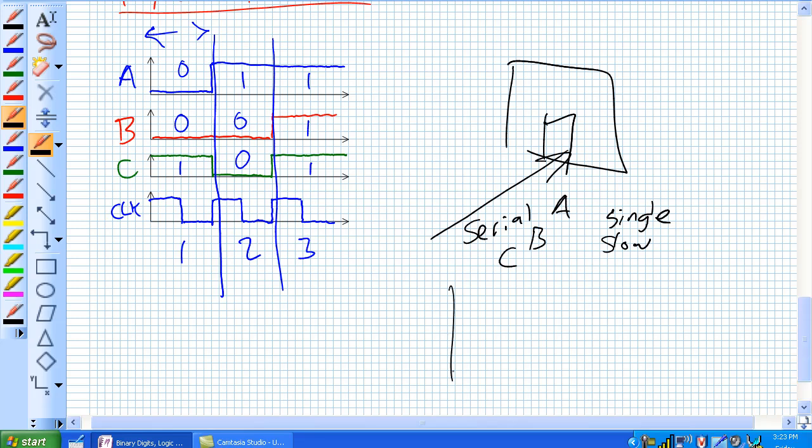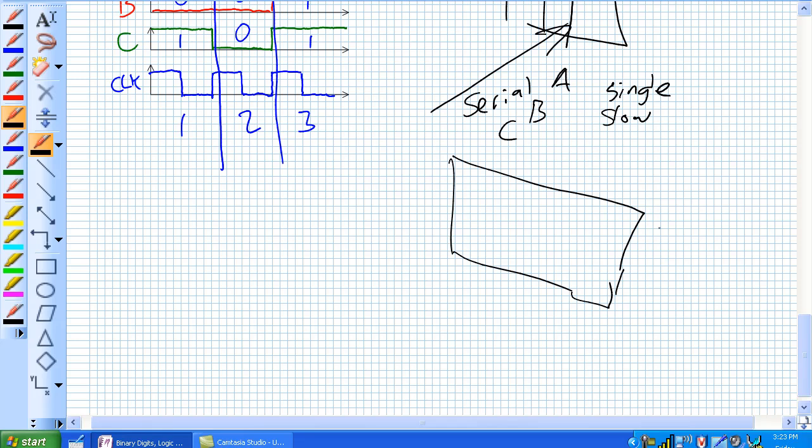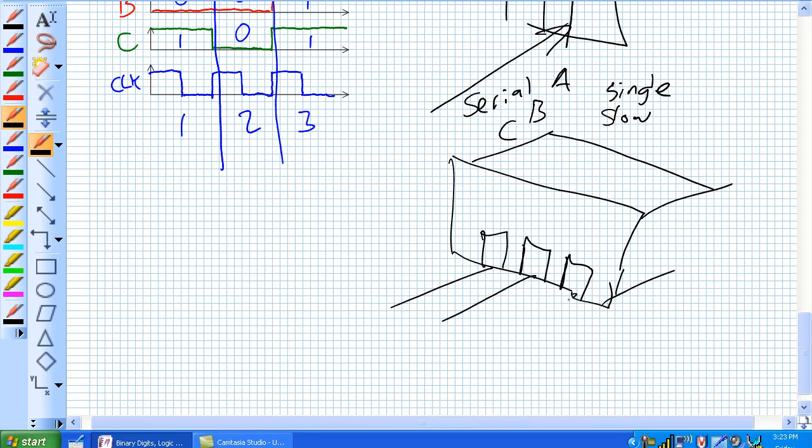Okay, parallel, as opposed to serial, think of 3 doors to a building. And A and B and C are simultaneously entering the building. The advantage: much faster. Disadvantage: requires more hardware. Basically, it's going to require 3 lines.